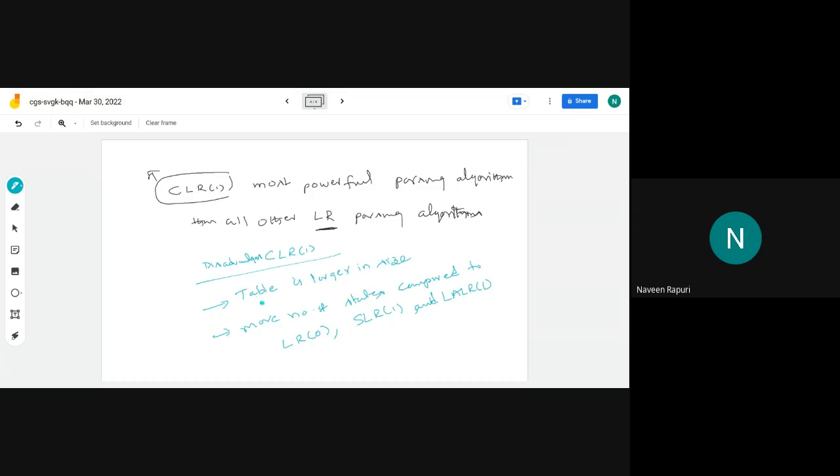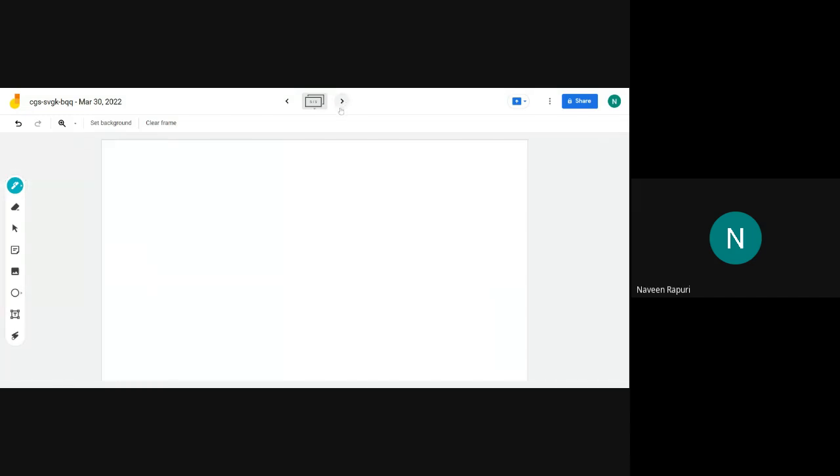So the number of states is more in CLR1 parsing. So that is the disadvantage of CLR1 parsing algorithm: the number of entries, items, or states is more, sir.